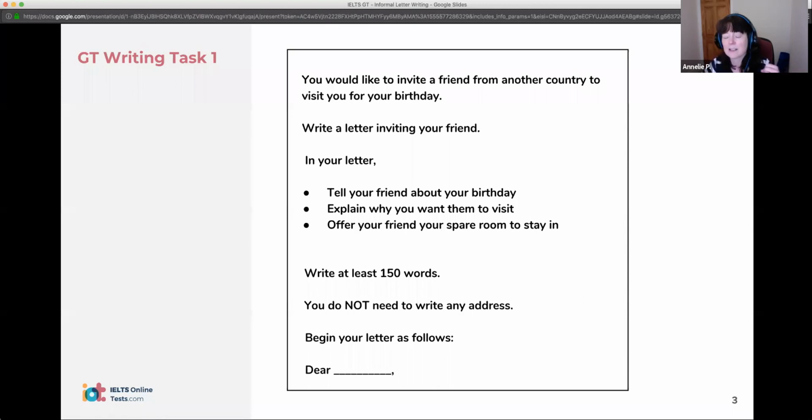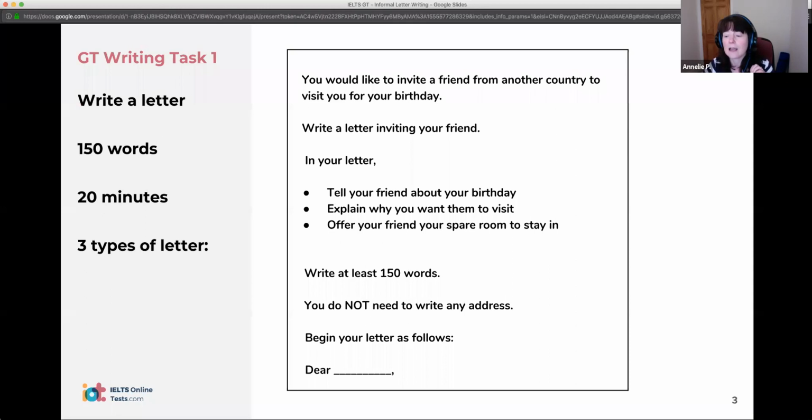Very good point, Sajad. Yeah, friendly opening, we're looking at informal language. Okay, so it's always a letter of some sort. Minimum 150 words and suggested 20 minutes to make sure that you have enough time for task 2. You really do need 40 minutes for the task 2.